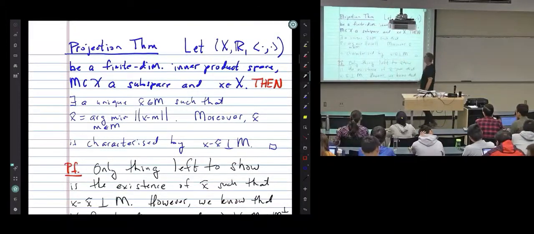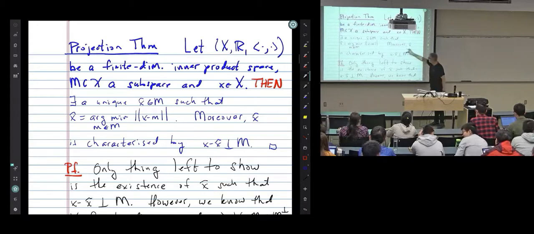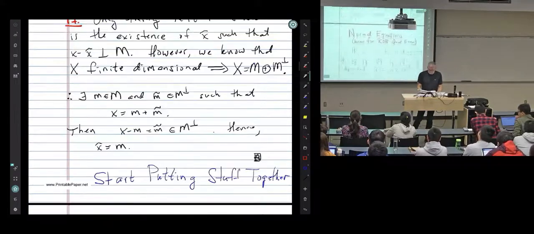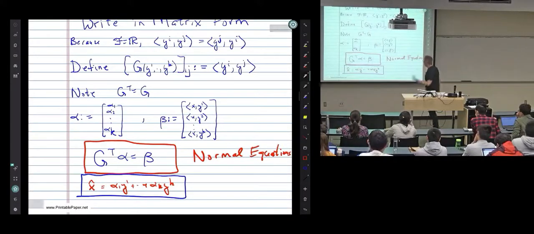X minus x hat orthogonal to M is equivalent now to G transpose alpha equals beta, and x hat is alpha 1 times the basis elements for y, alpha 2, okay? So this is how you solve all minimum distance problems. If you're in a function space, this is an integral.